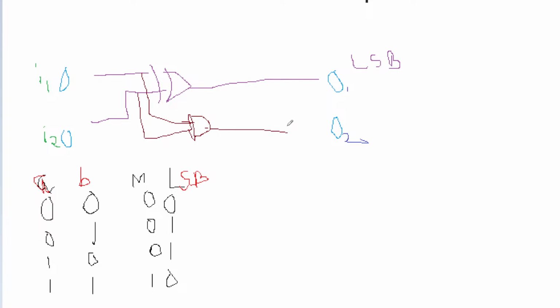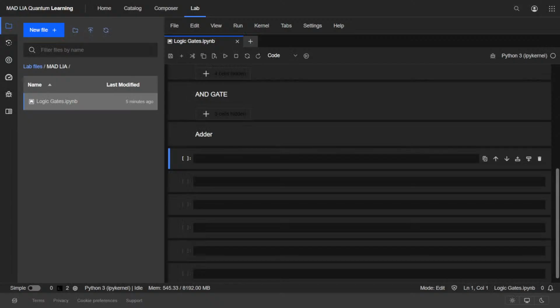Let's quickly name these: this is Q0, this is Q1, qubit 2 and qubit 3. We just need this logic, and now we are going to develop a circuit.